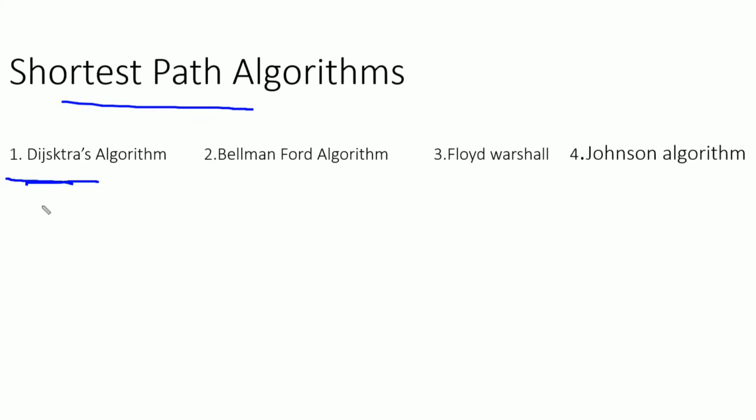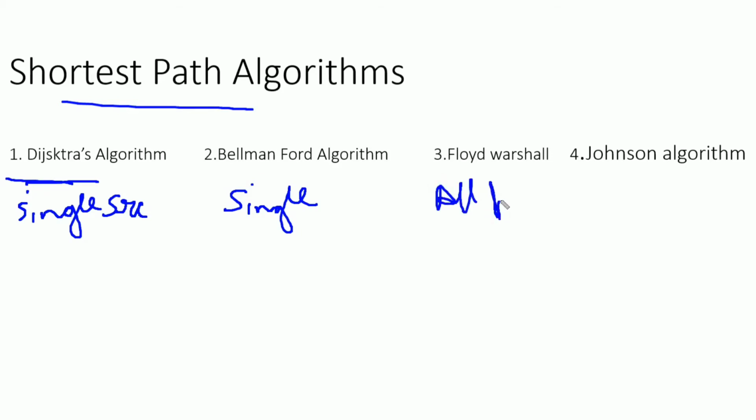The first shortest path algorithm is Dijkstra algorithm. It is a single source shortest path algorithm. Next, Bellman-Ford algorithm is also a single source shortest path. Floyd-Warshall is an all pair shortest path algorithm.